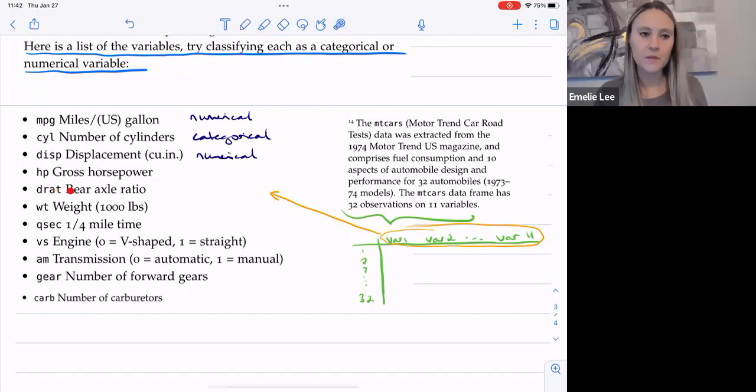Horsepower. So the gross horsepower is one of those things where I might be kind of on the fence. My go-to thought would be, okay, can I reasonably talk about the average horsepower? Yes, I can. To me, that makes sense. Maybe it's possible that to you that doesn't make sense, so then you would argue it's categorical.